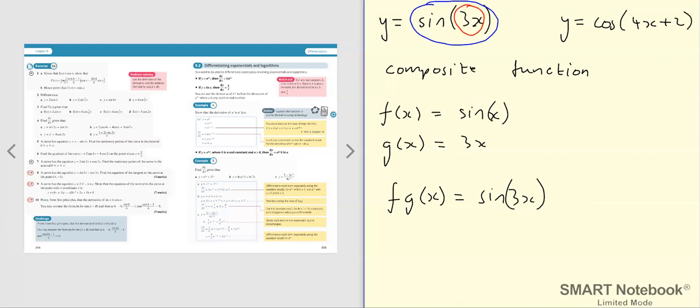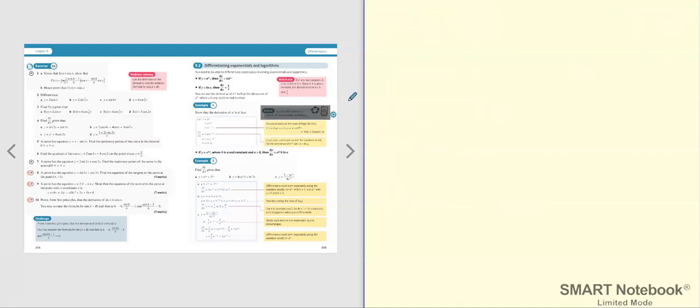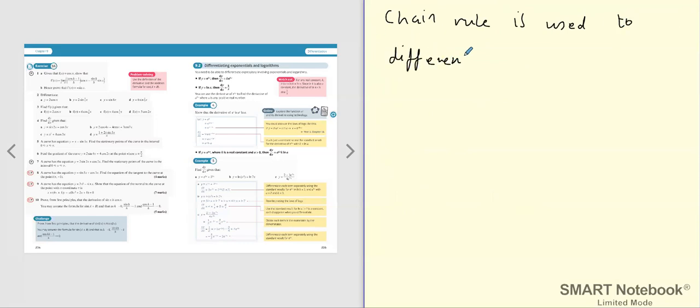The key to differentiating composite functions is something known as the chain rule. So, chain rule is used to differentiate composite functions.